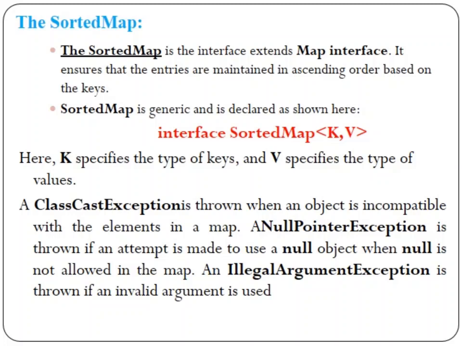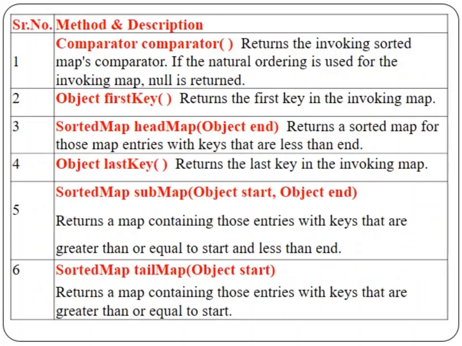There are a few methods available in the SortedMap interface, because the SortedMap interface also has the methods which are available in the Map interface, along with its own methods. We will see them in detail in another slide. These are the different methods available in the SortedMap interface. The first one is comparator.